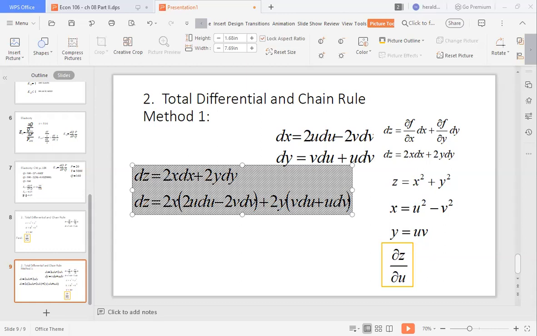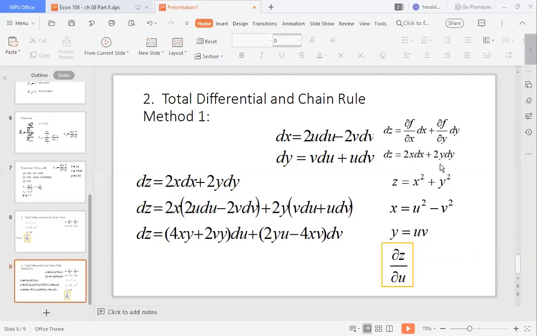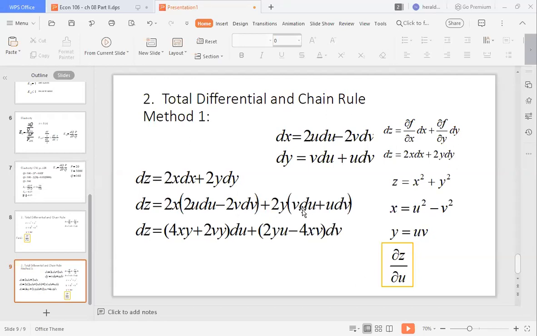Okay, so again, simplifying this, class, would be equal to your total differential, which is equal to 4xy plus dvy multiplied again to du, plus 2y minus 4xv dv. So again, we just simplified here, coming from the values here.